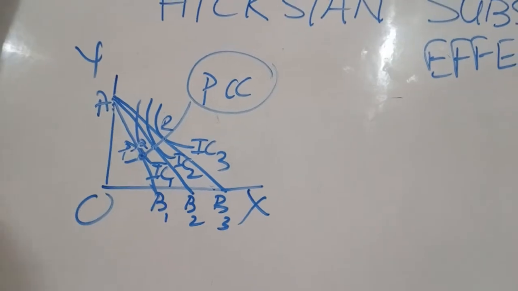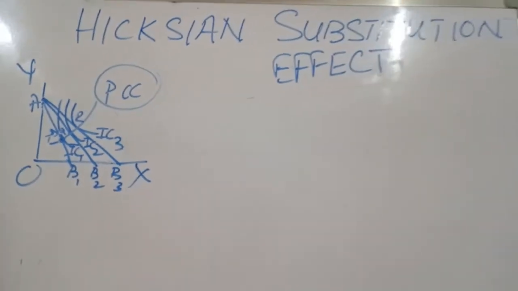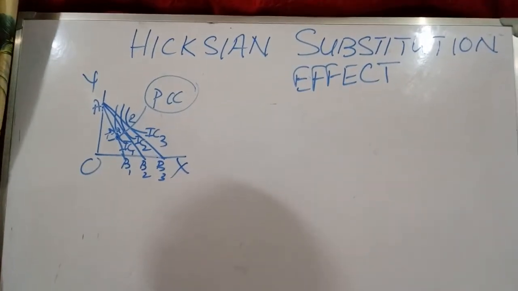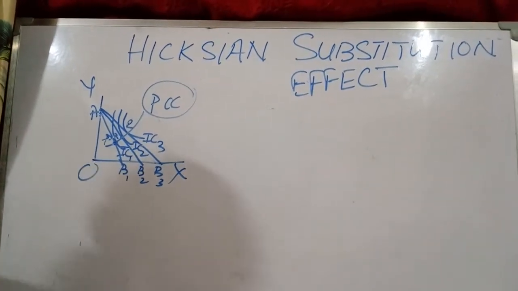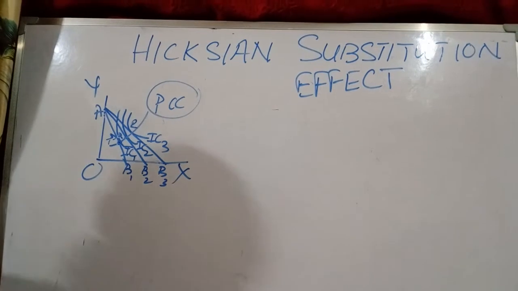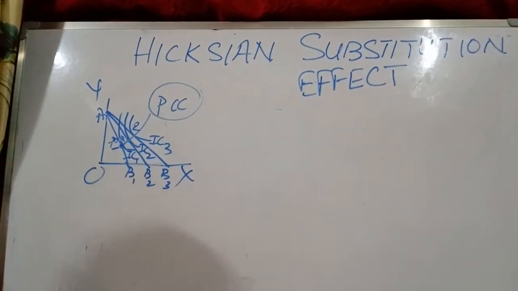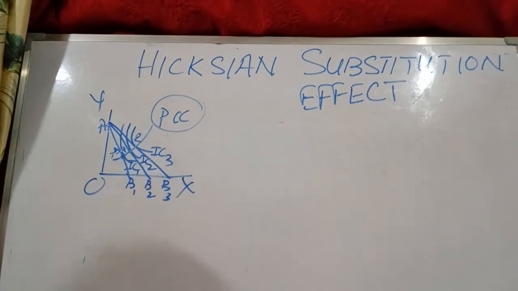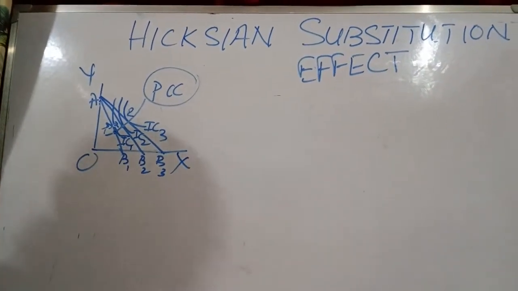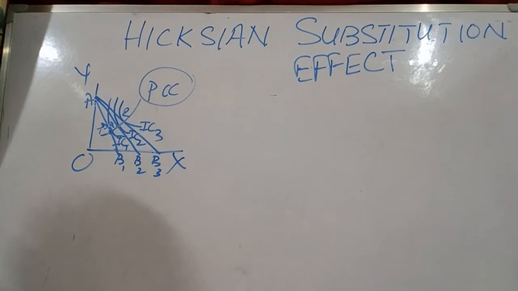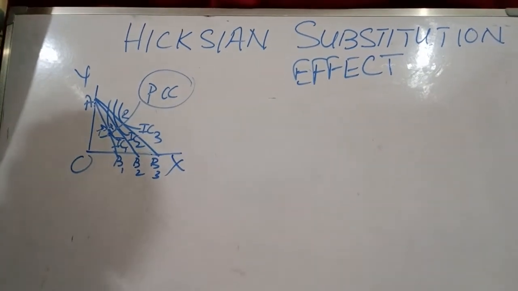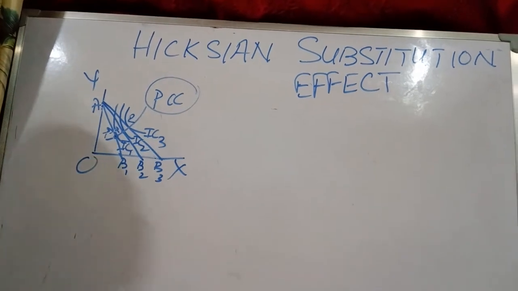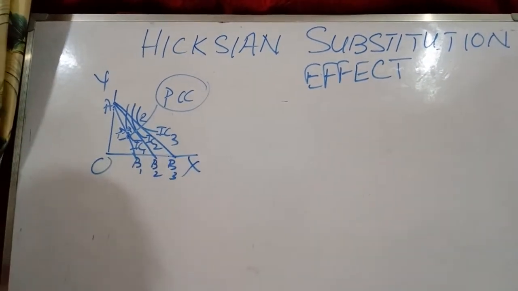Now Hicks and Slutsky both emphasized that a consumer purchases more of a commodity just because the price of that commodity has fallen. This is called substitution effect. And because his real income has increased, he purchases more of the commodity or more of both the commodities.